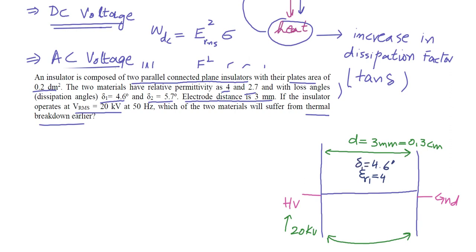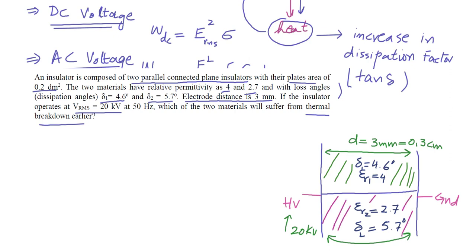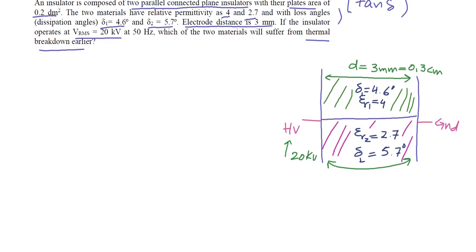For material 2, epsilon R2 is equal to 2.7, and loss angle delta 2 is equal to 5.7 degrees. Let me shade this. This is my material 1, and this is my material 2. Now how much will be the electric field?